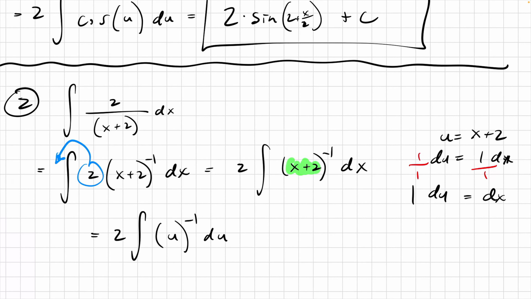Now, what happens if I take the antiderivative of u to the negative 1? It's going to be u to the 0 divided by 0, right? Which we can't do. So what is the antiderivative going to be then? What do we use? Natural log. It becomes a natural log. So it's natural log of u plus c.